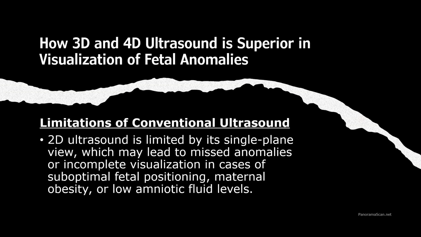Maternal obesity or low levels of amniotic fluid can further hinder the quality of 2D ultrasound images as well as 3D and 4D, of course, making it difficult to obtain accurate or detailed views of fetal structures. While 2D ultrasound remains invaluable for many aspects of fetal monitoring, these limitations underscore the need for advanced imaging techniques like 3D and 4D ultrasound to enhance diagnostic accuracy.